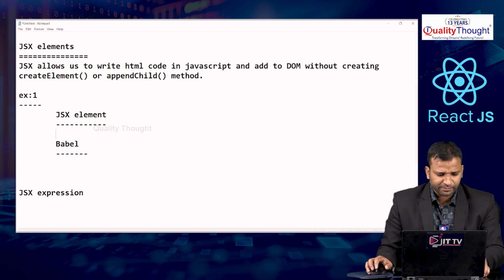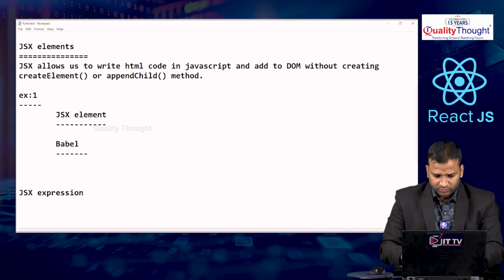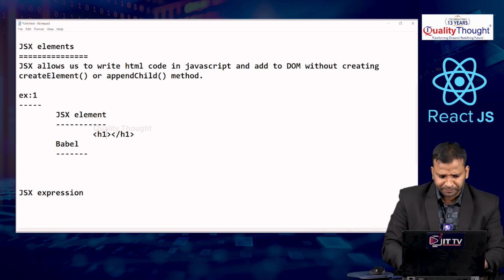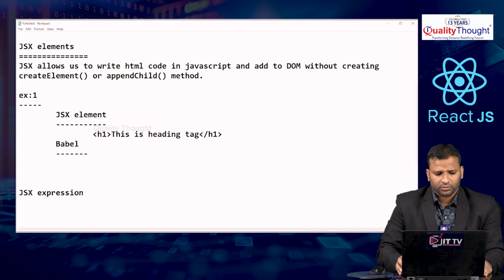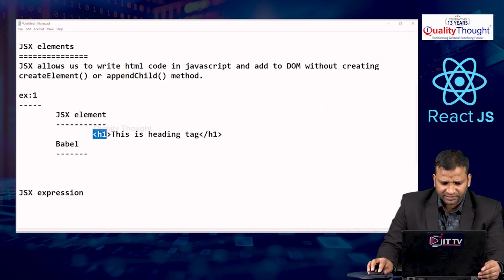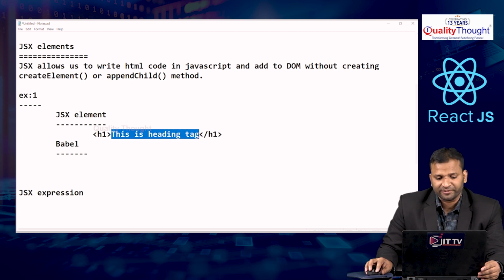See, JSX element means this is H1, with the closing of H1. H1 means heading, and I am writing this is heading tag. Remember, H1 is a tag, and this is known as children. This is called children, and this is a JSX element.